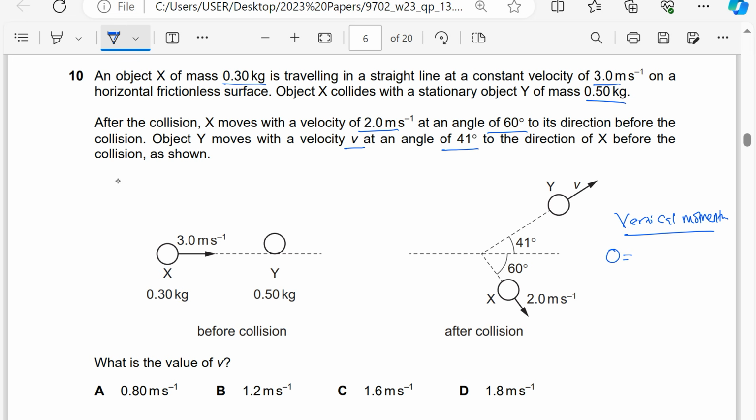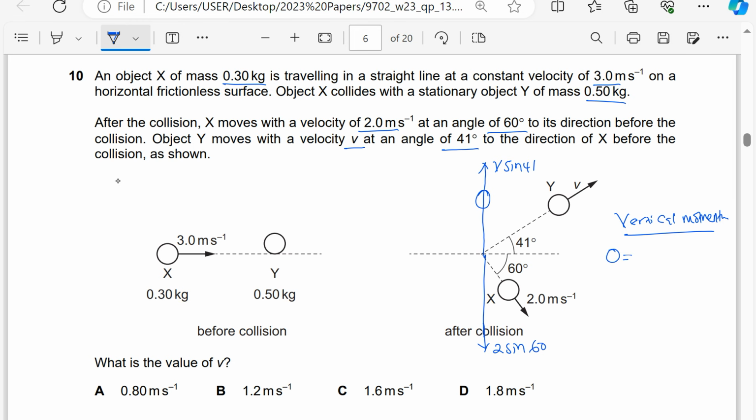Then after the collision, Y is moving upwards. Y has a momentum in the vertical equal to the mass of Y times velocity resolved in the vertical, which is V sine of 41. X also has velocity in the vertical downwards, which is 2 sine of 60. They're in opposite directions, so one will be positive, one will be negative.